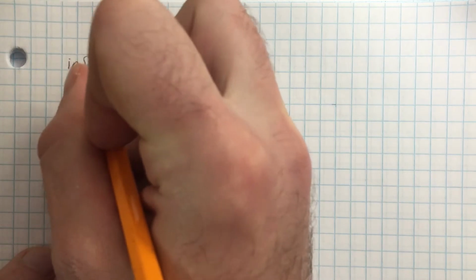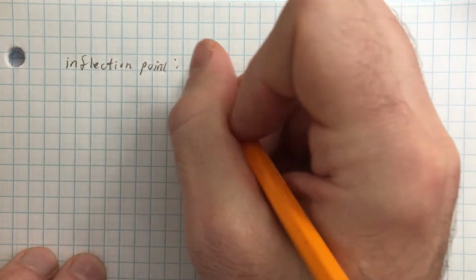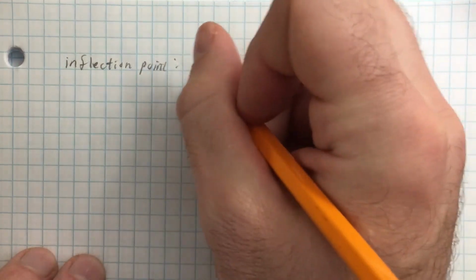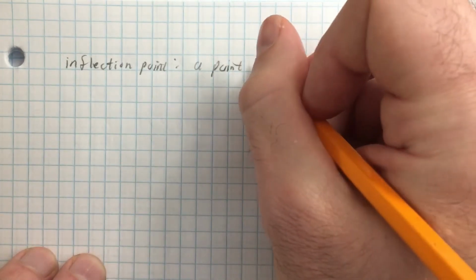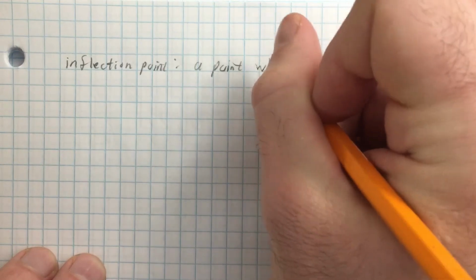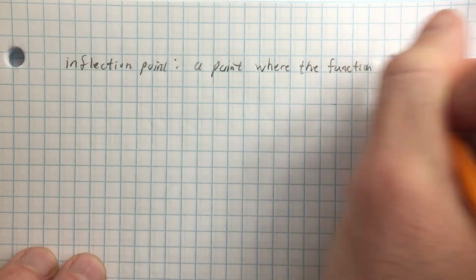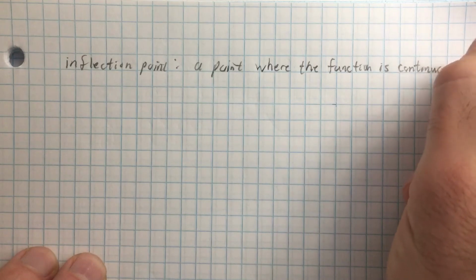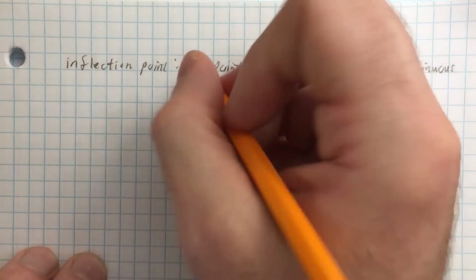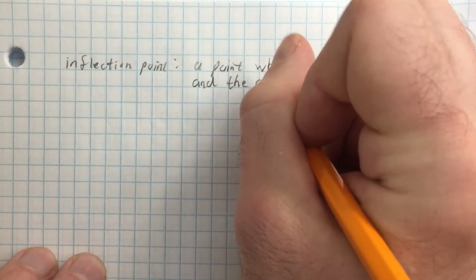Now that we've decided about concavity, let us define what an inflection point is. An inflection point is a point that is continuous for f. So it's a point where the function is continuous and the concavity of the function changes there.